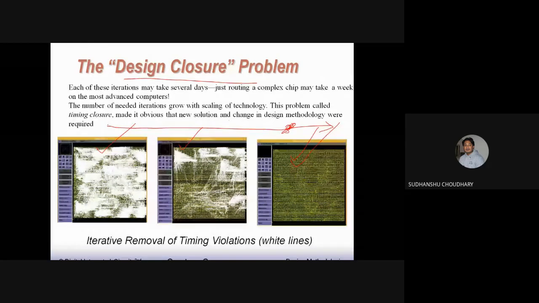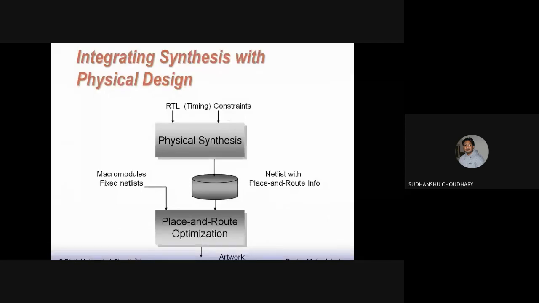Now, how to overcome this problem? It has been suggested that if RTL synthesis can also handle the first order routing and placement, that is, during synthesis, you write your HDL code and then perform the logic synthesis, and during that logic synthesis step, the routing and placement can also be handled, then a netlist with place and route information can be generated during that step itself.